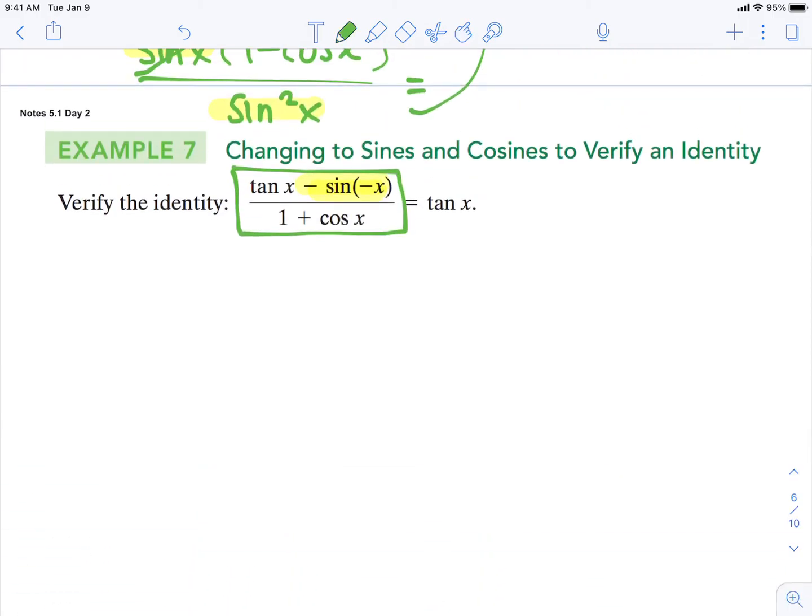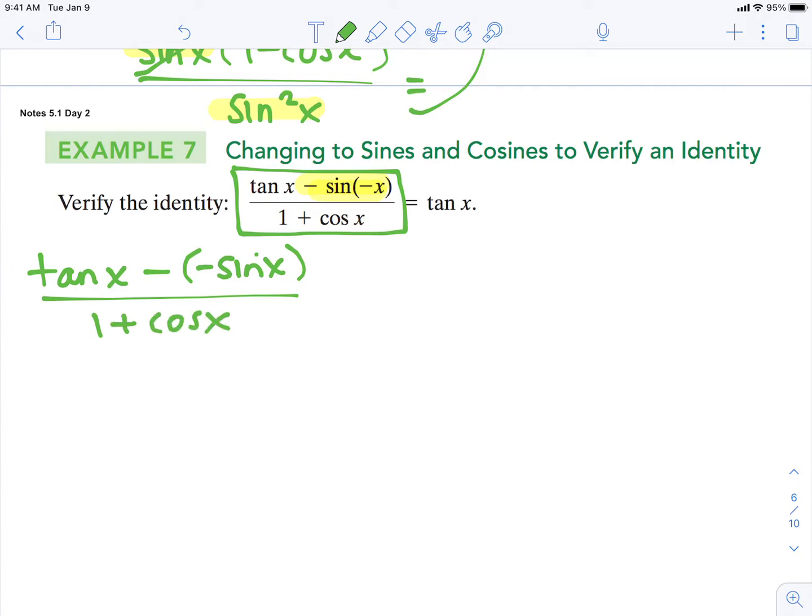So I'm going to replace that yellow piece with negative sine of x. Now when we simplify the numerator, we have a negative and a negative. Well, that's going to turn to an addition symbol.